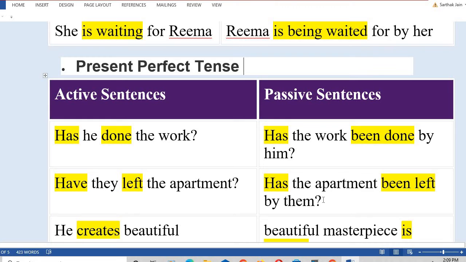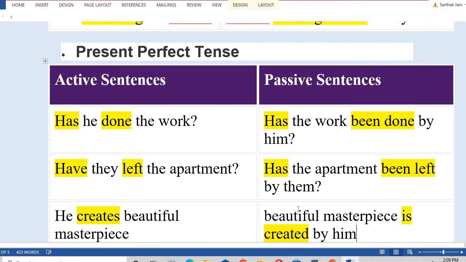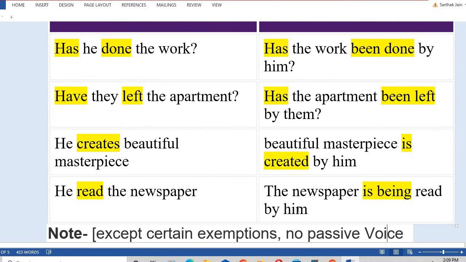The first two examples are interrogative sentences, and accordingly in the passive also the helping verb has been put in the beginning. After the subject is put been, then the third form of the verb, then by, and then the object. The last sentence is a simple one, so it's very easy to understand. He creates a beautiful masterpiece. A beautiful masterpiece is created by him.